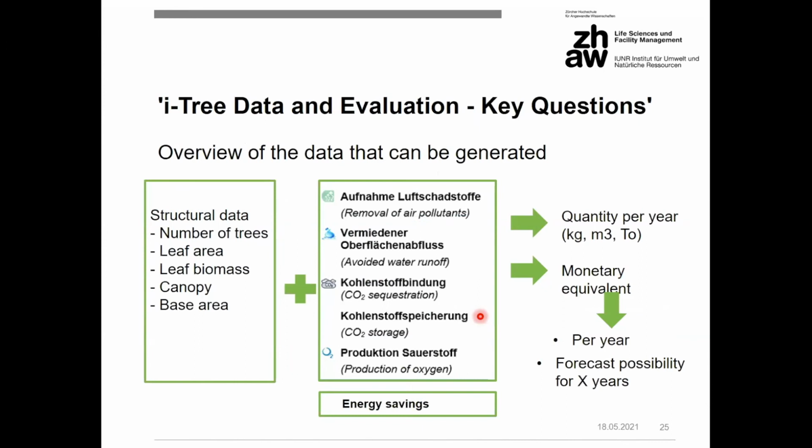And iTree calculates from all these structural data the ecosystem services, such as removal of air pollutants, for example, the quantity per year, and of course the monetary equivalent as well per year. And you can do that as a forecast for XY years.